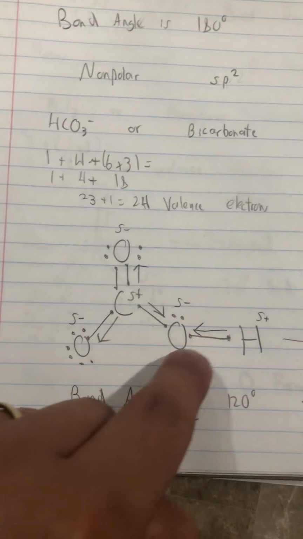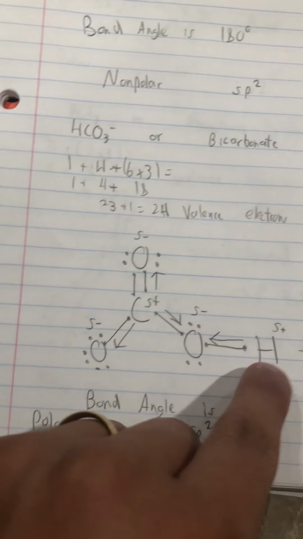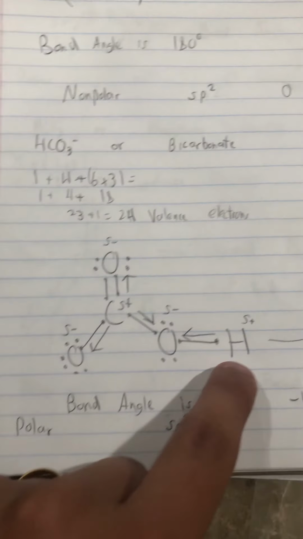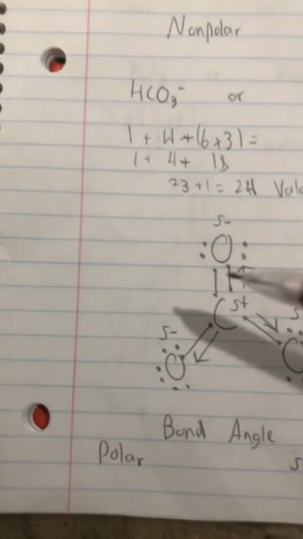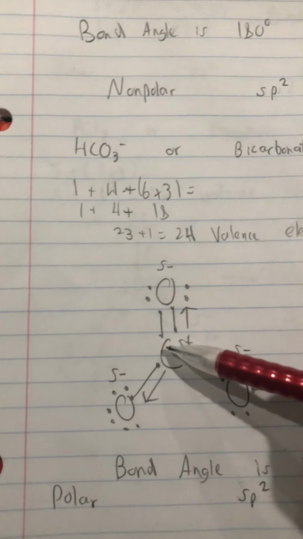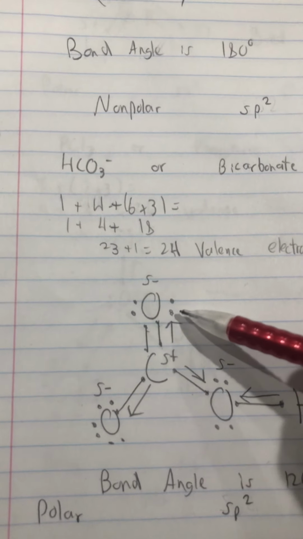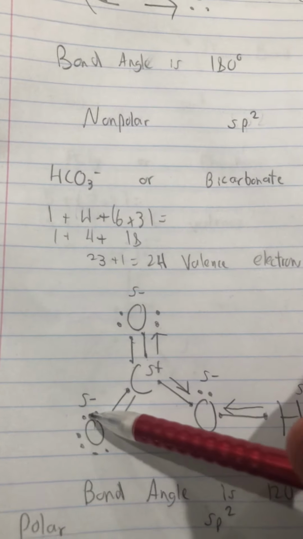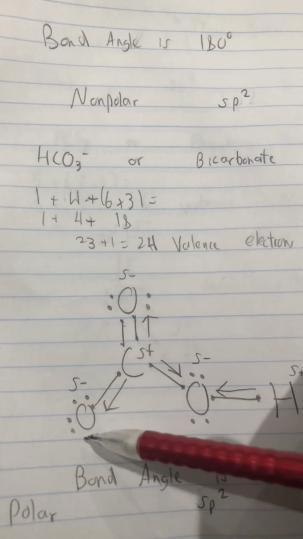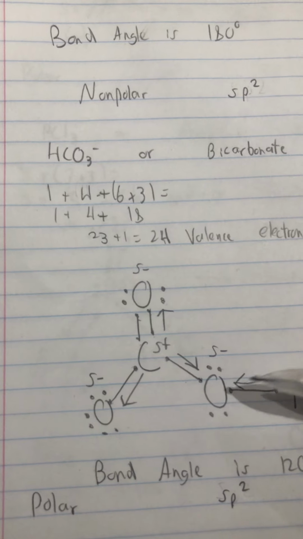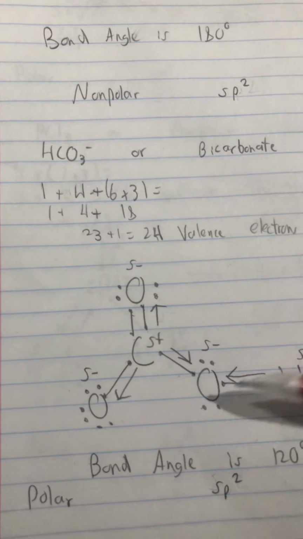And from the oxygen to the hydrogen, it had a single bond as well. So 24 valence electrons. Starting here, there's 1, 2, 3, 4, 5, 6, 7, 8, 9, 10, 11, 12, 13, 14, 15, 16, 17, 18, 19, 20, 21, 22, 23, 24.